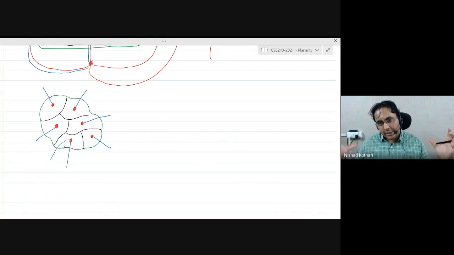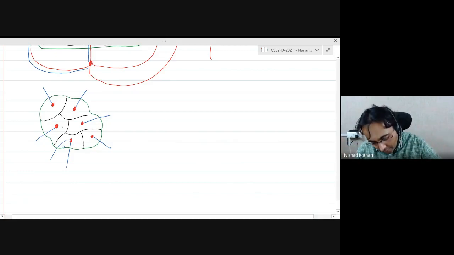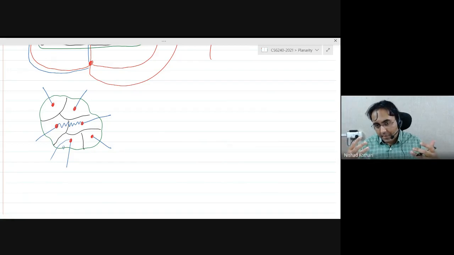And any edge that joins 2 vertices in the inside will not be part of your set. So you won't have any edges that are joining 2 dual vertices inside the cycle, or 2 dual vertices outside the cycle, right? So every edge will join a vertex inside to a vertex outside. And that is exactly what a cut is, right?